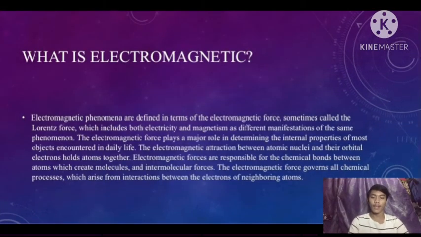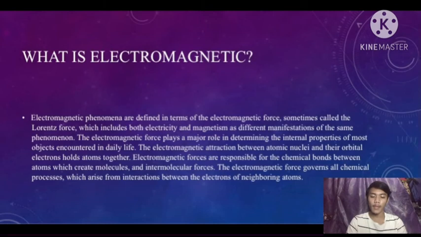Next, what is electromagnetic? Electromagnetism is the phenomenon defined in terms of the electromagnetic force, sometimes called the Lorentz force, which includes both electricity and magnetism as different manifestations of the same phenomenon.